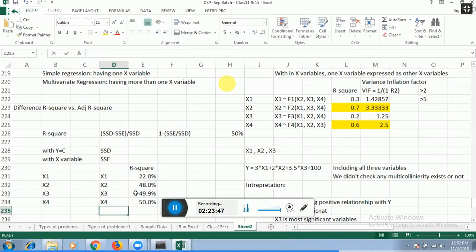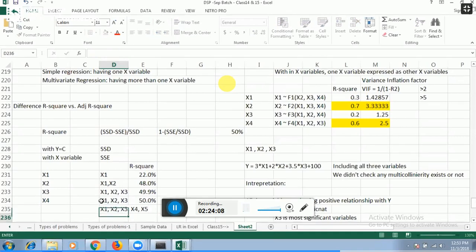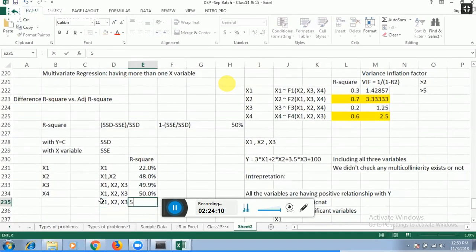This is x1, this is x1 comma x2, this is my R square. x1, x2, x3, this is my R square. And x1, x2, x3, x4, and x1, x2, x3, x4, and x5. My R square is 50.01%.